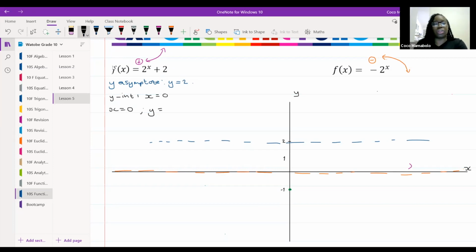Not 1, it's going to be 3. 2 to the power of 0 is 1, plus 2 is 3. So my intercept is going to be here at 3. So my graph will then look like that up here. Remember, it's a positive graph, so it must go in that direction.